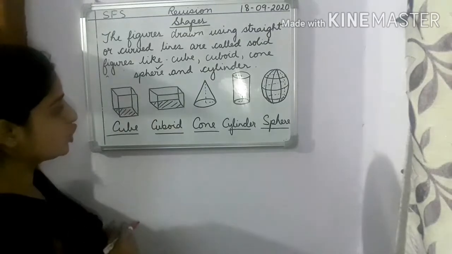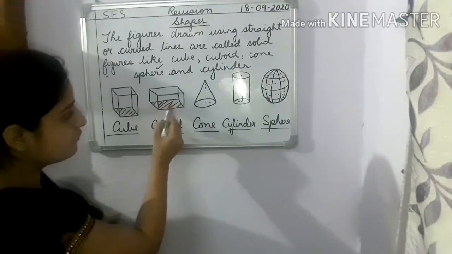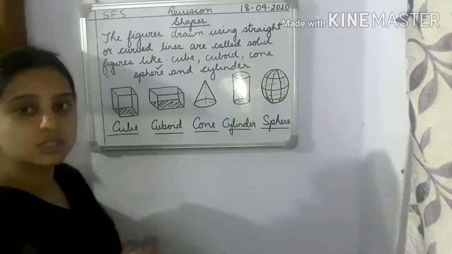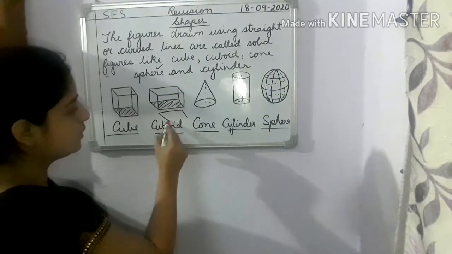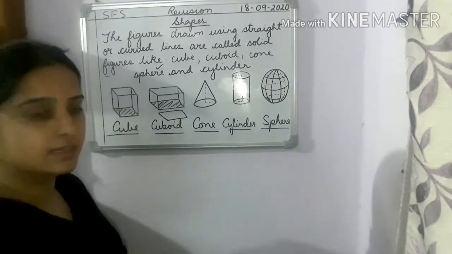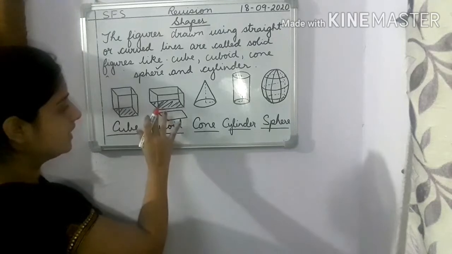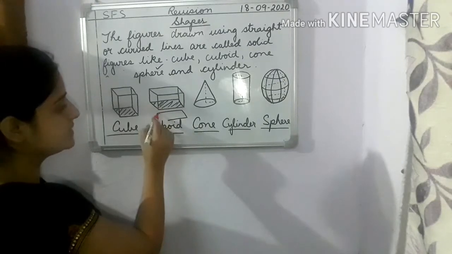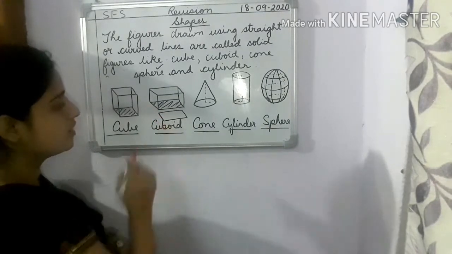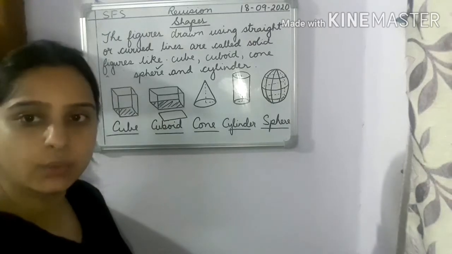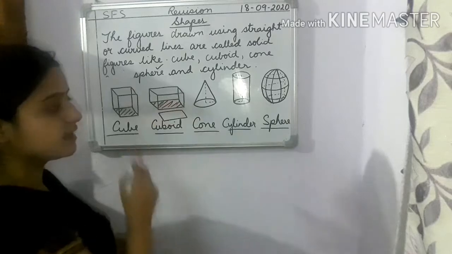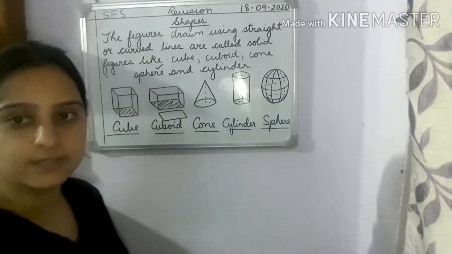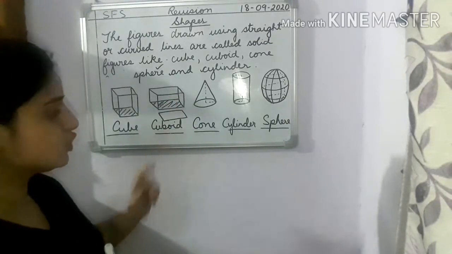Then in cuboid, children, if you draw the outline of the base, you will get which shape? You will get rectangle, isn't it? And in rectangle, opposite sides are equal. So children, in cuboid also the base opposite sides are equal. Okay, so it is your cuboid.